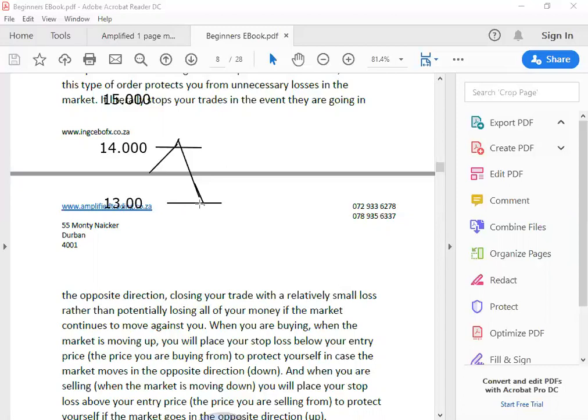What you want to do, when it comes to making money in the markets, the most important thing is to obviously have money that you can use to come back and trade with the following day.